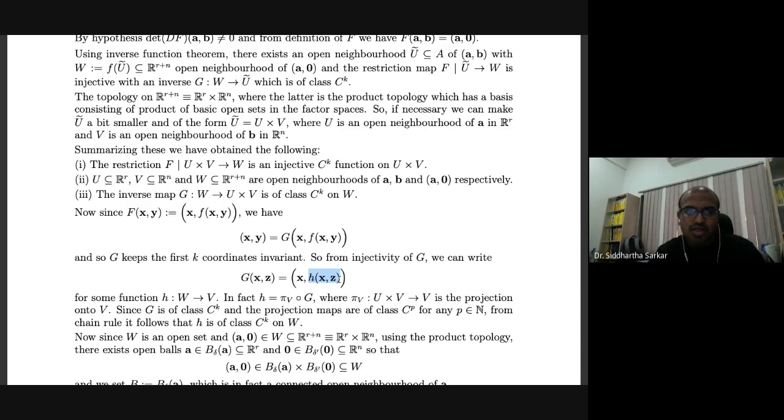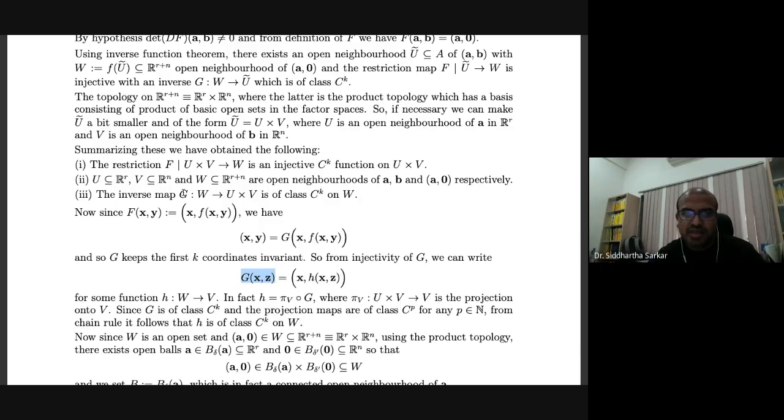So that just follows from the definition of G, because what h(x,z) is nothing but, if we compose along with G the projection map to the last few variables, you end up recovering your h. And I already know that G is of class C^k.